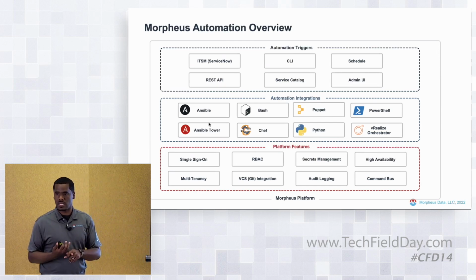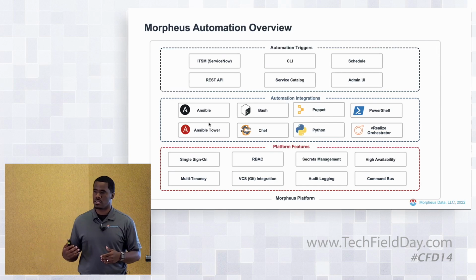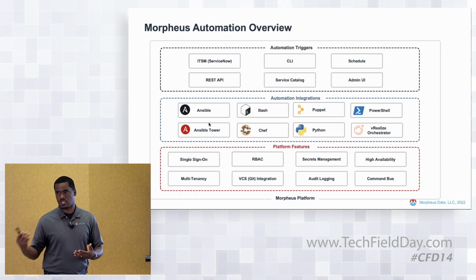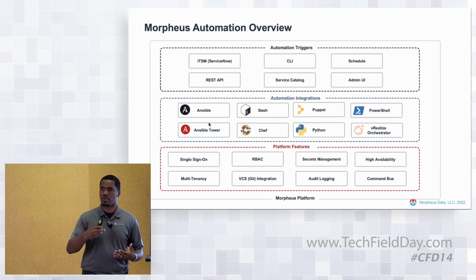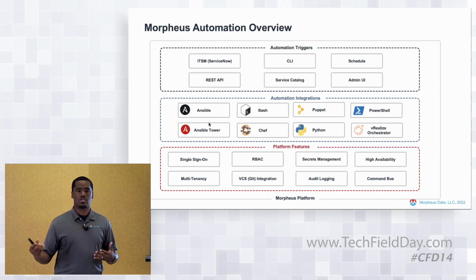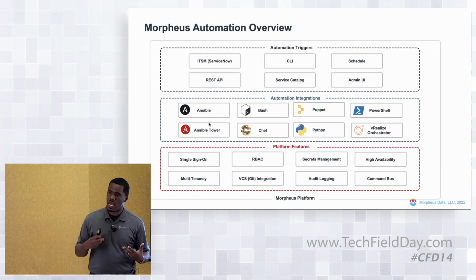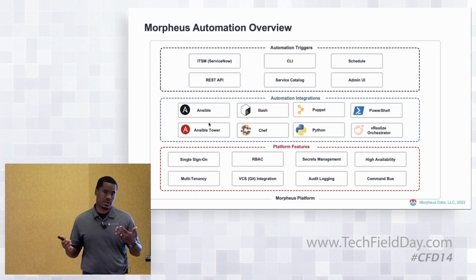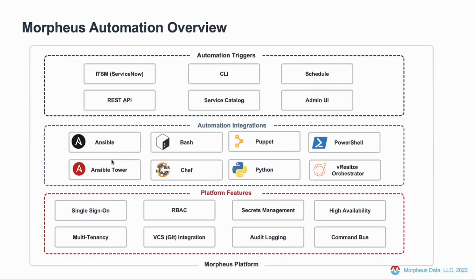The Morpheus agent facilitates a command bus interaction in which we can remove that requirement. So via our command bus, the agent is opening up an outbound connection from the node to the Morpheus appliance. And then through that connection, we're actually executing the Ansible so that there is no need for the SSH or the WinRM access into that box.